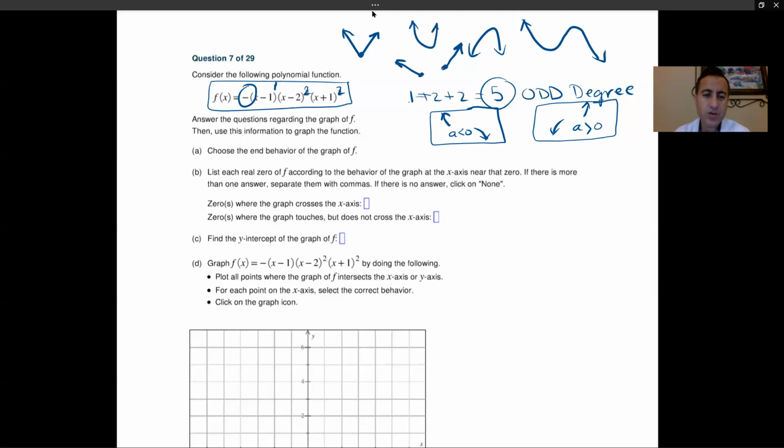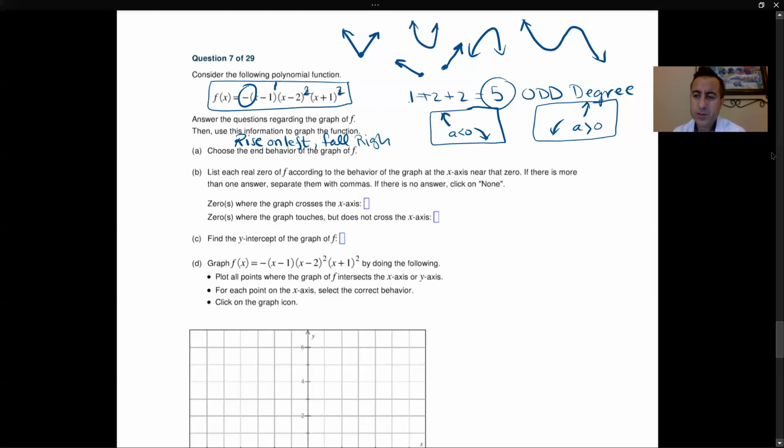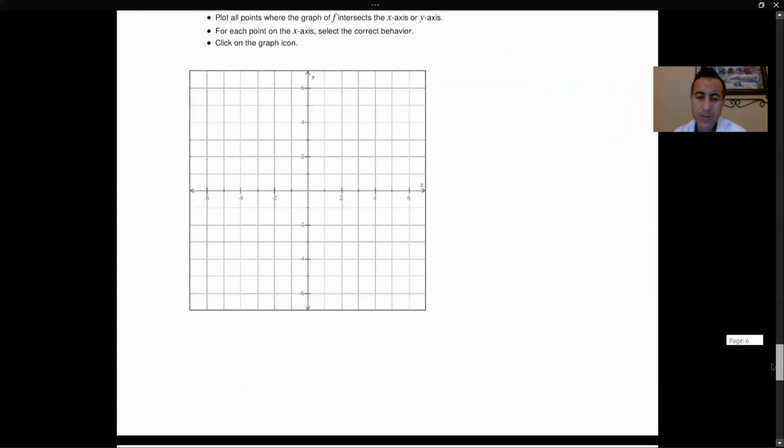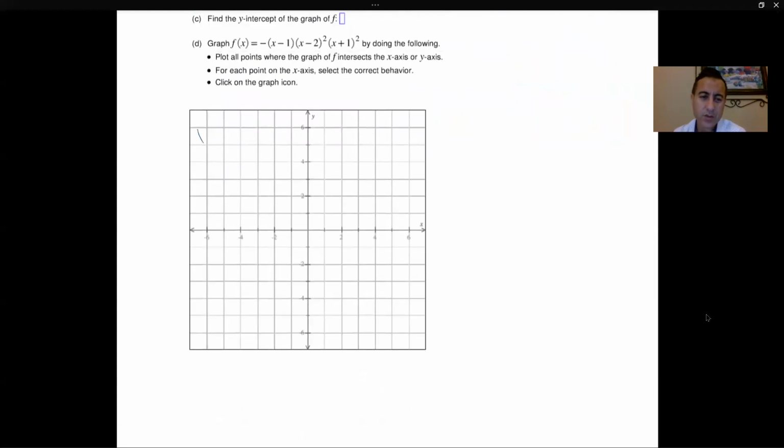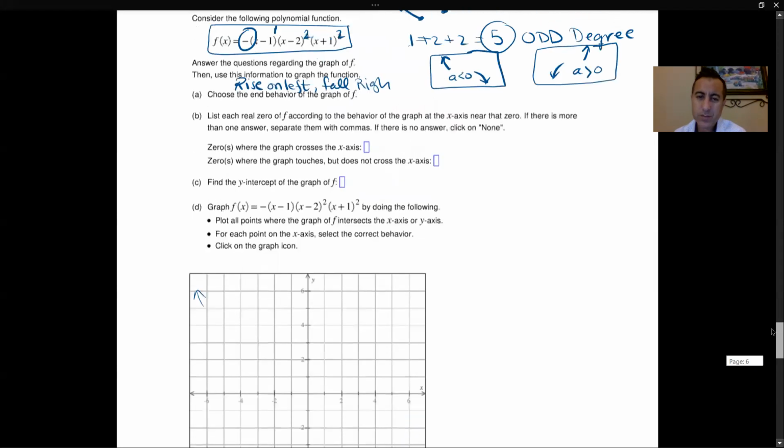So for this, the end behavior of the graph is going to be rise on the left and fall on the right. Right. So to understand what's going to happen will allow us to understand something like this, and we'll figure out the middle as we go.